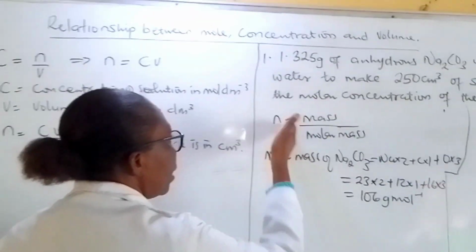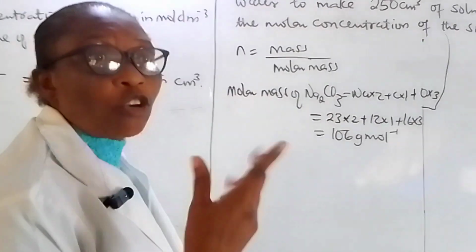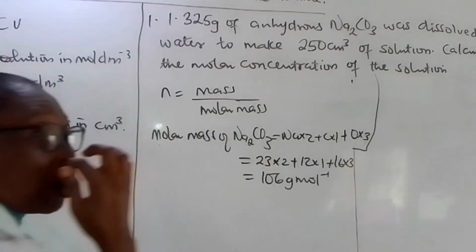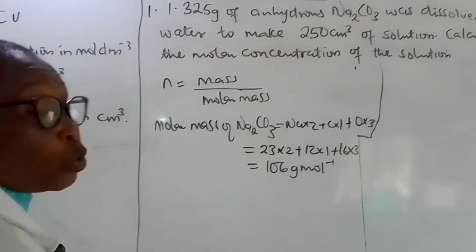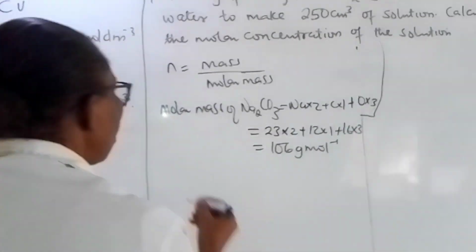So from there, we find the number of moles of this sodium trioxocarbonate 4 that is found in this 1.325 gram of the salt.